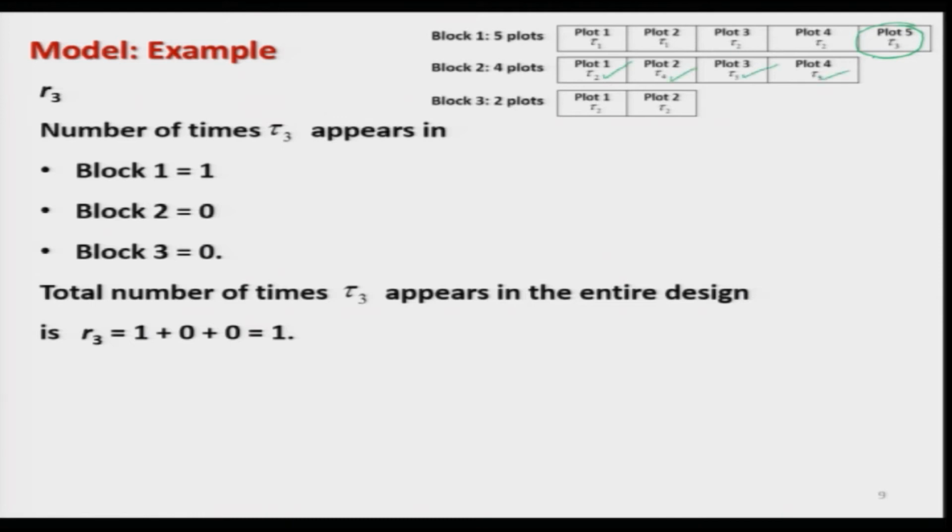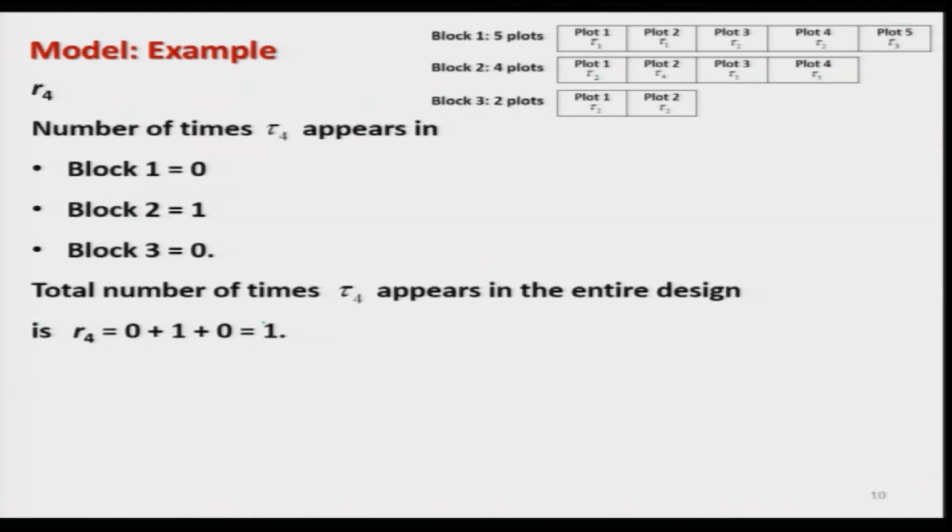And similarly, in block number 3, there is no plot in which treatment number 3 is appearing. So, I can write down that the number of times tau 3 appears in block 1 is 1, block 2 is 0 and block 3 is 0. So, the total number of times tau 3 appears in the entire design will be 1 plus 0 plus 0, so R3 has a value of 1.